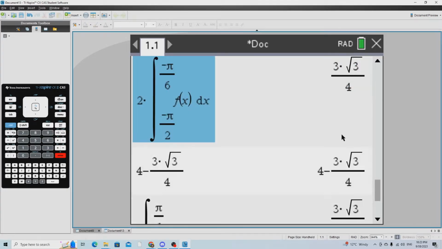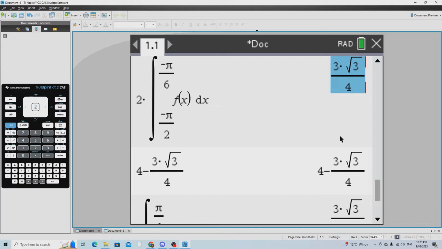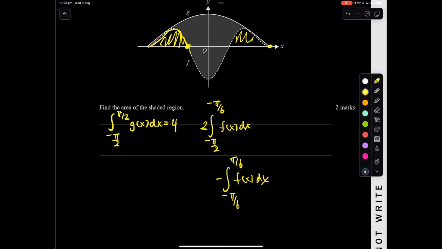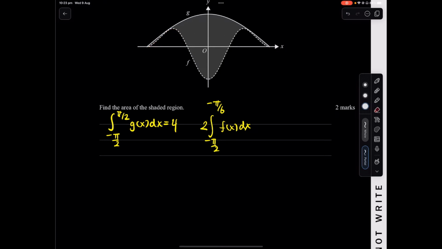Whoa. Wait. These are the same values. Okay, let's come back here. Let's rub this all off. It means this area is the same as this area over here.